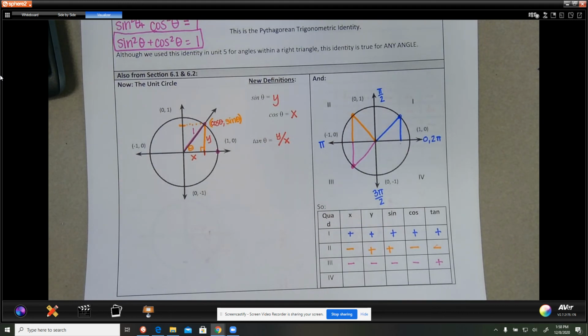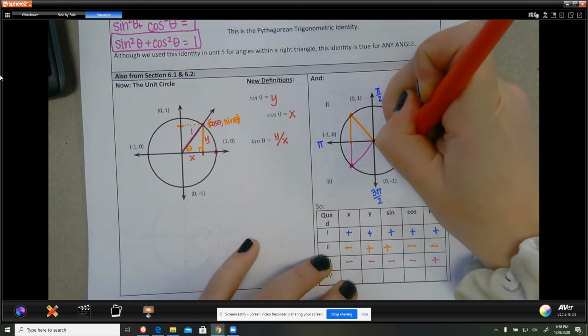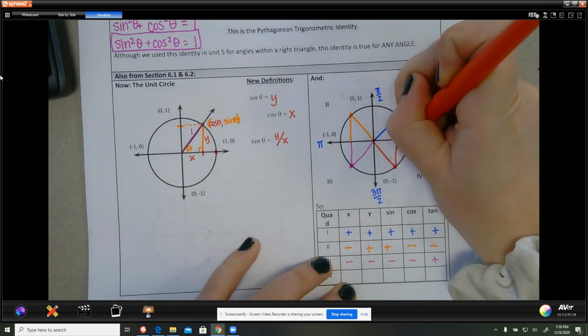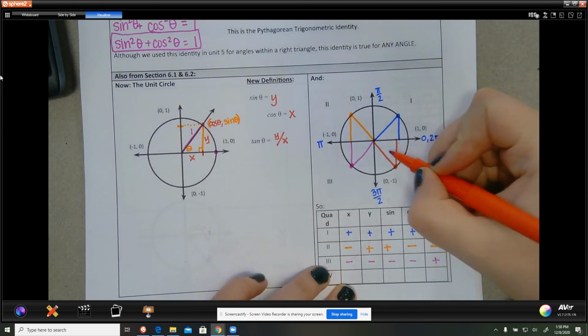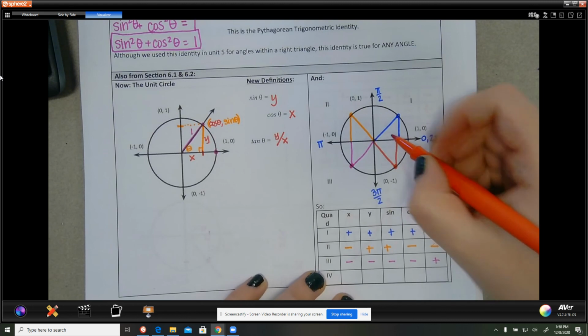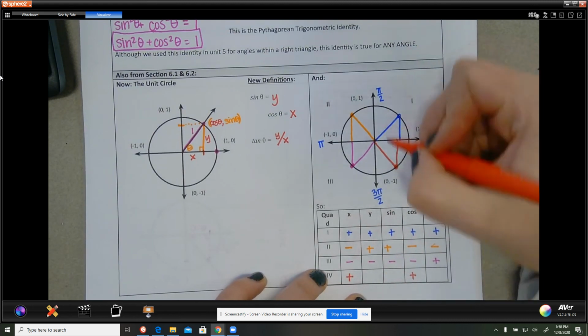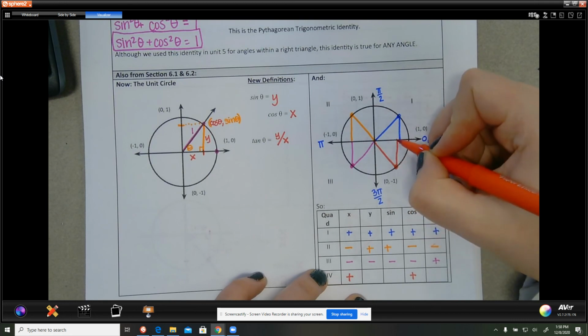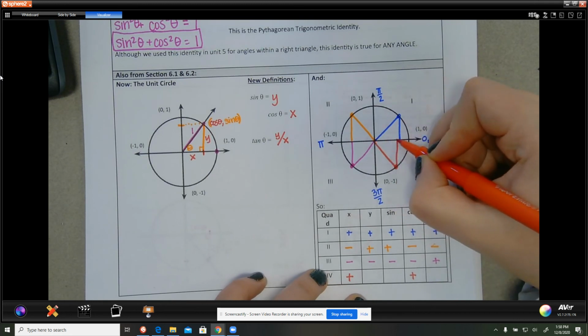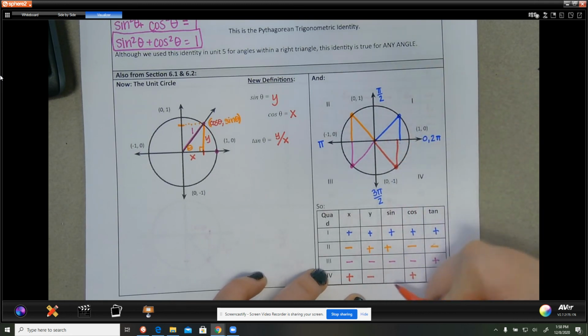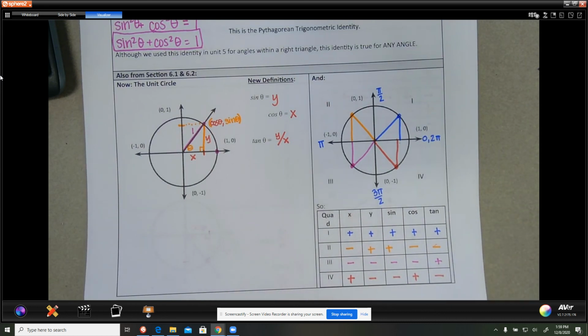And last but not least, we're talking about this point right here. My x value is positive, so that means my cosine is positive. My y value is negative. If I were to get to this point, I'd go right and down, so that's negative. And so that means my tangent is also negative. So keep that little table handy. That might help us later on.